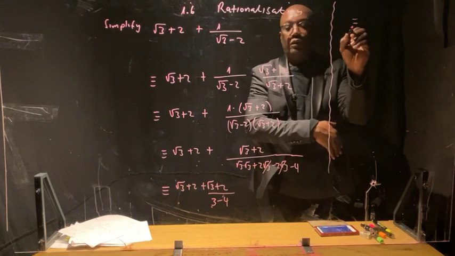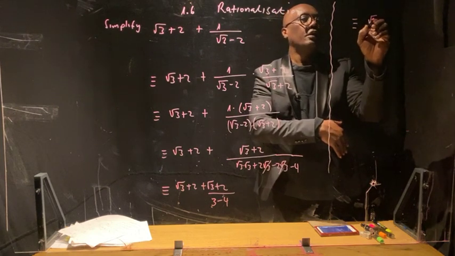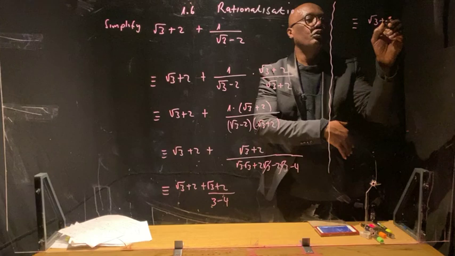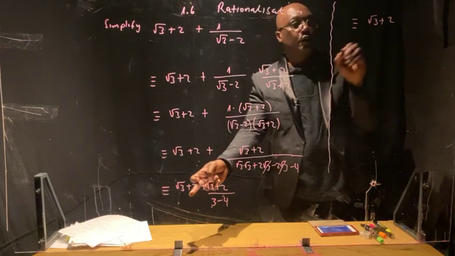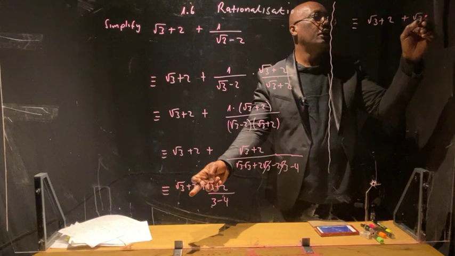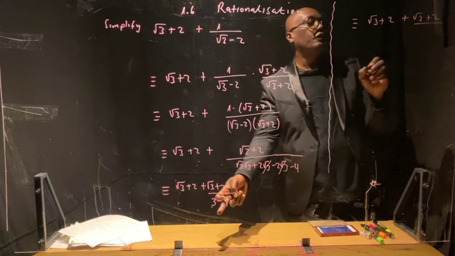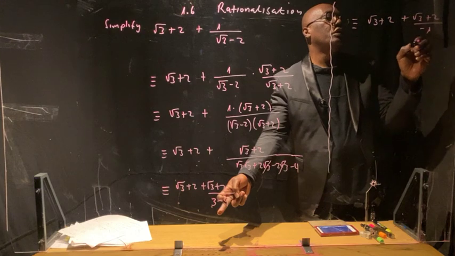So if we continue, then we can say that it is equals to root 3 plus 2, which is this one, plus root 3 plus 2 over 3 minus 4, which is equals to minus 1.